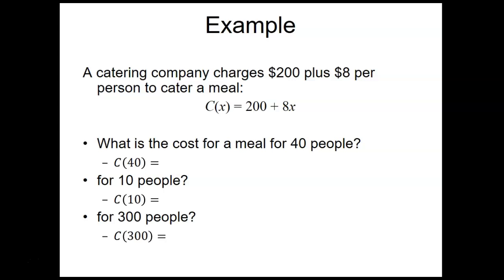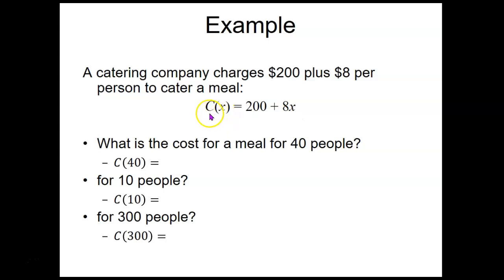So it depends on the number of people. It's a function of the number of people. And here's a formula that shows exactly how that's calculated. X stands for the number of people. You take 200 plus 8 times X to get the charge to cater the meal for X number of people.